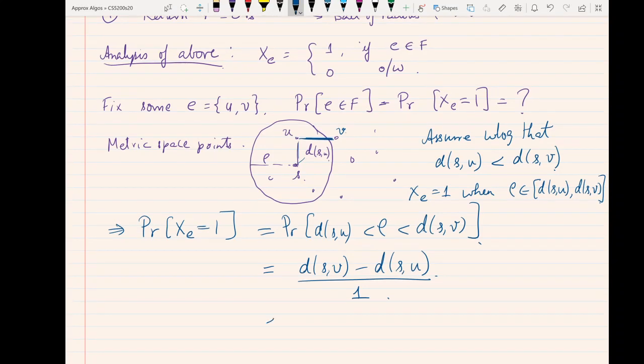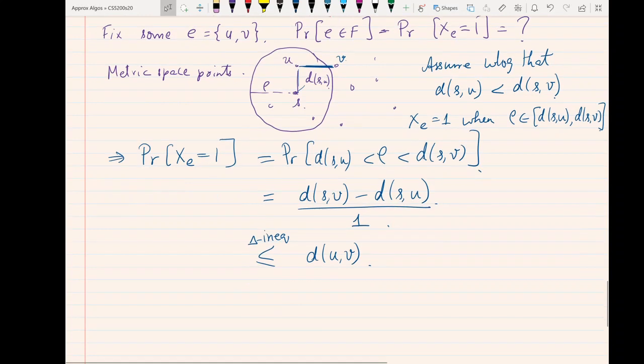Notice that by the triangle inequality, this is less than or equal to d of uv. So now using this quantity, what do we get?